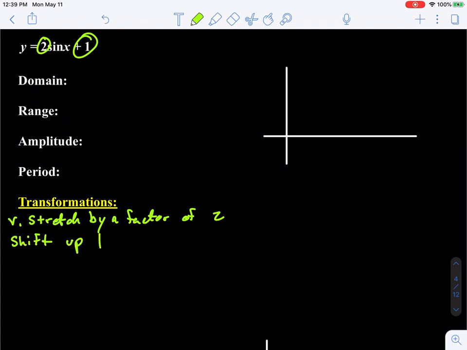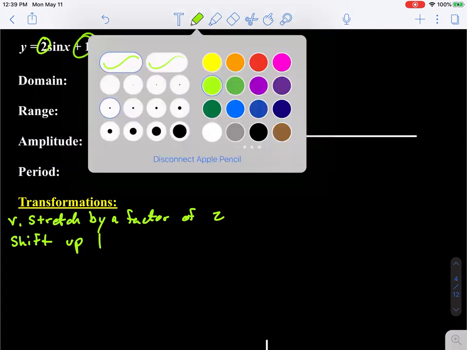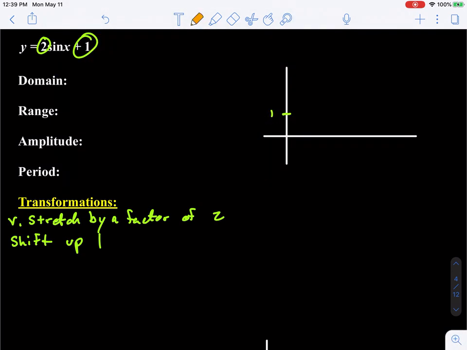Now what we want to do is always get used to starting with where your central axis is located. So let's graph where the central axis is, which is going to be at 1. So at 1, we're going to put a dotted line right here.